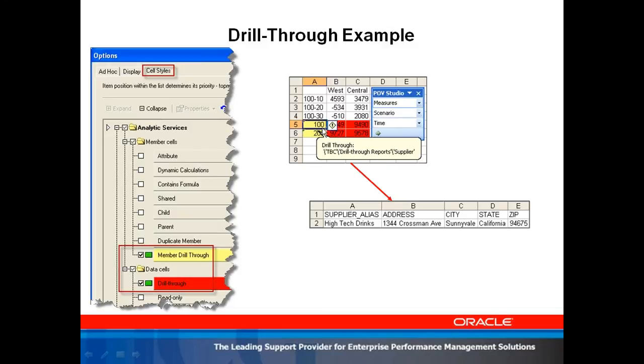Once you do, double-click the member cell or use the Hyperion drill-through reports command, and you can display the drill-through report itself, which has the supplier and the location information as you see here.